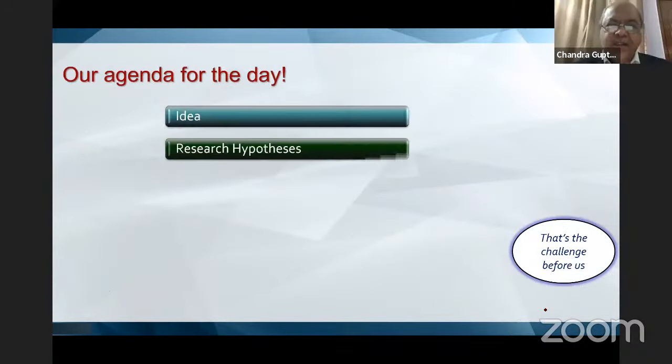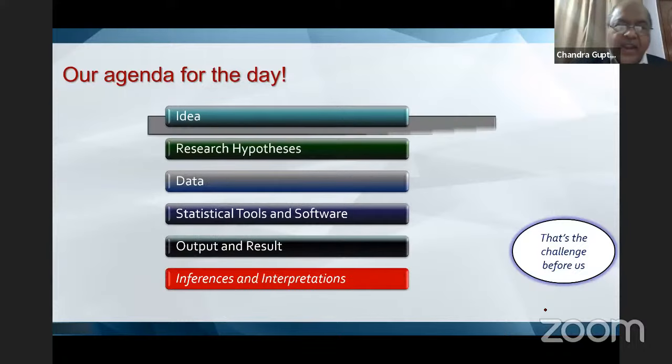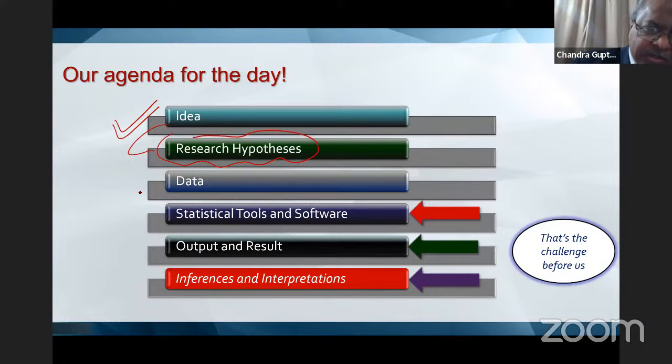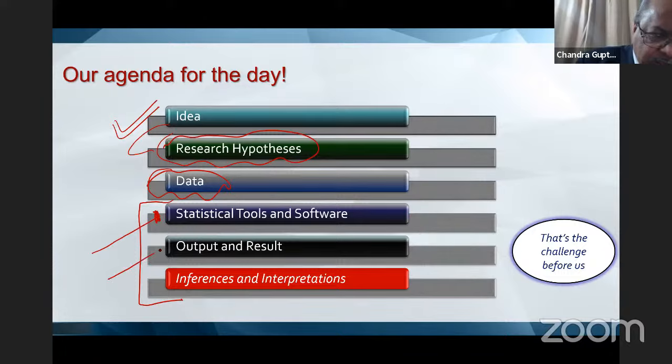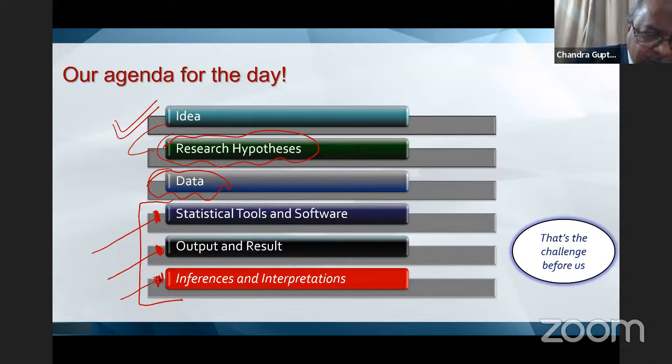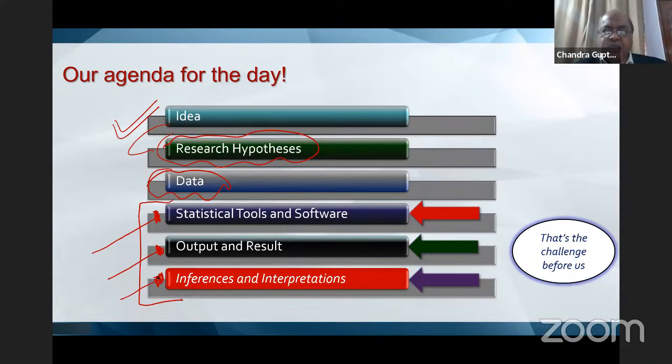So friends, our agenda of the day is we have an idea what we want to do. For that, we have formulated necessary hypothesis testing. We collect the data to answer them. What we have to do is learn statistical tools, learn how to get the results by using the software, and how to get the inference or the interpretation of those results.